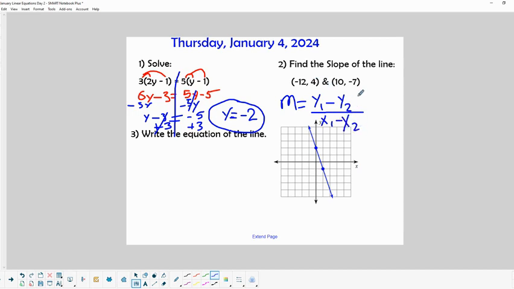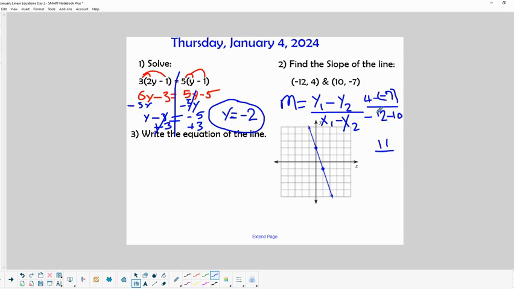So y1 would be 4. So we'll have 4 subtract negative 7 on top. And we'll have negative 12 minus 10 on the bottom. So 4 minus negative 7 would be 4 plus 7, which is just going to be 11.